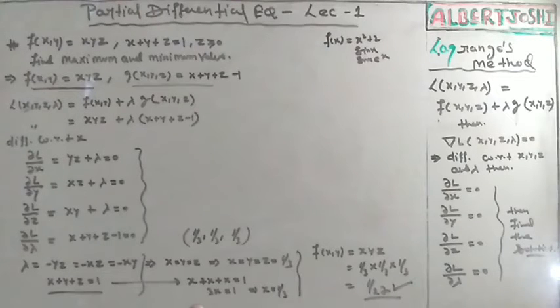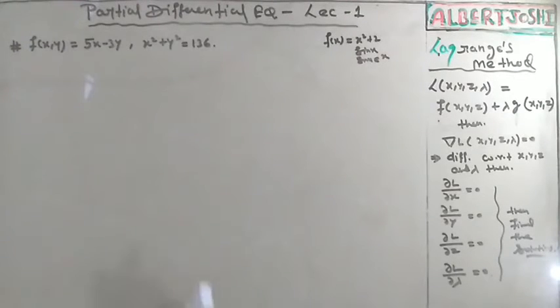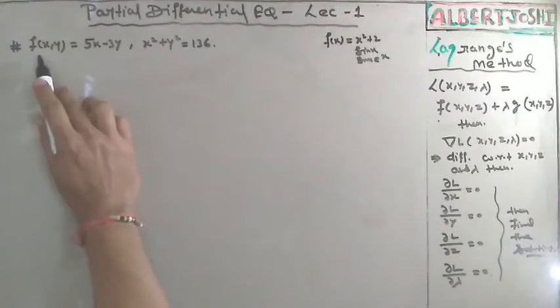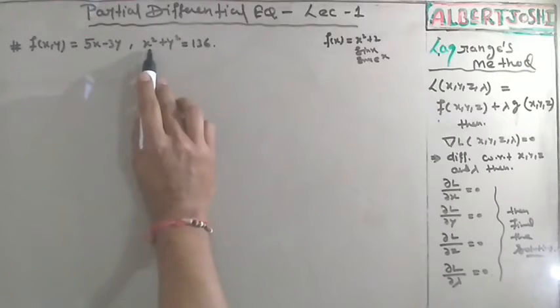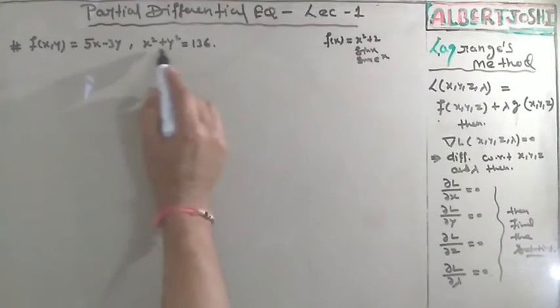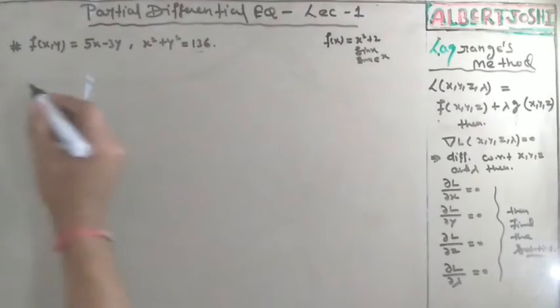Now again we will solve another question. That another question will also clear your doubts. I am erasing. Okay, this time they have given you this question. F of xy is equal to this, x square plus y square is equal to this. That is the constant. They can give you anything.